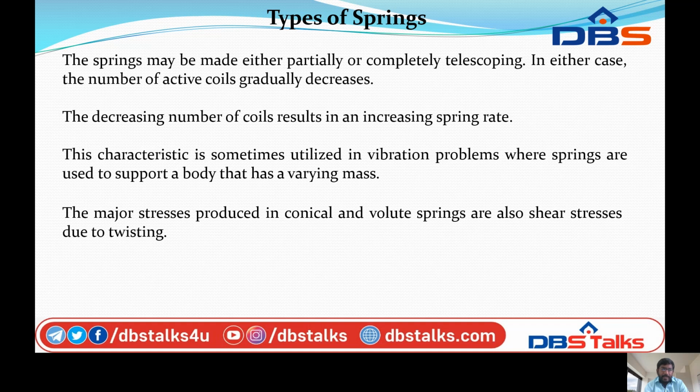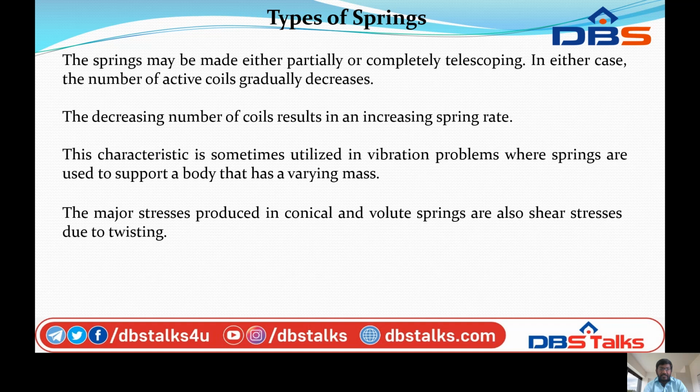The springs may be made either partially or completely telescoping. In either case, the number of active coils gradually decreases. The decreasing number of coils results in an increasing spring rate.